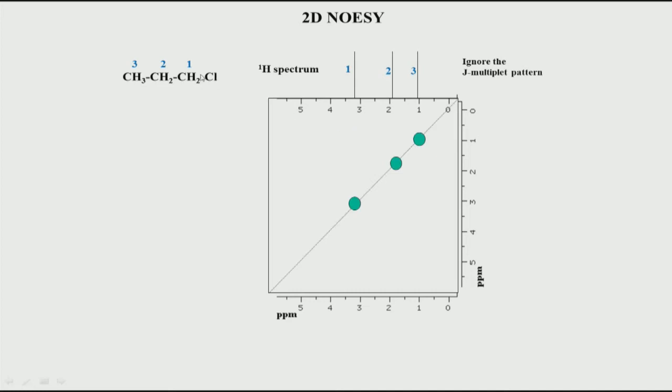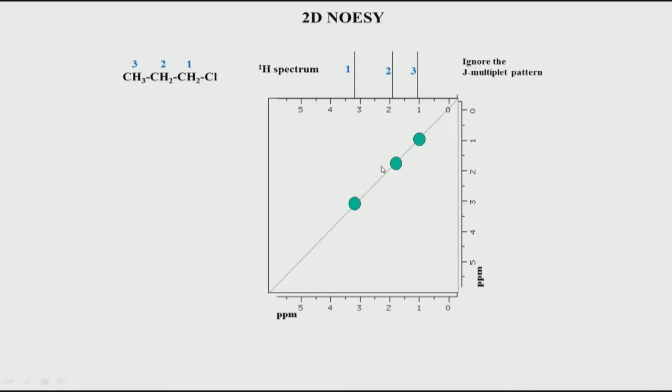First, remember we always get a diagonal peak in NMR, this is in a homonuclear proton-proton experiment. So, in this case 1 to 1, 2 to 2 and 3 to 3. This is always the case, because we can never transfer complete polarization or magnetization from one nucleus to another.